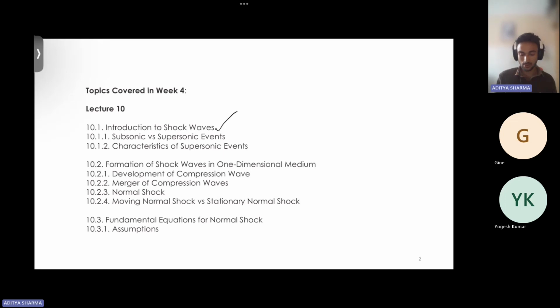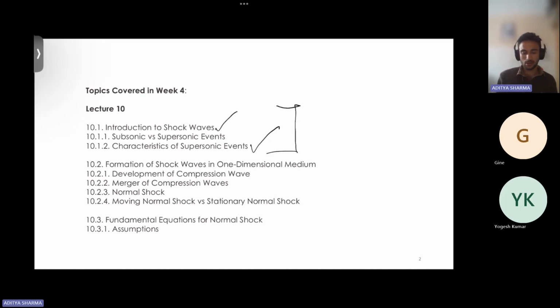Then briefly there were the characteristics of supersonic events, like irreversibility, like in a real scenario what happens when we encounter a shock wave. That has been discussed in these lectures. So this topic was just a brief introduction to shock waves.